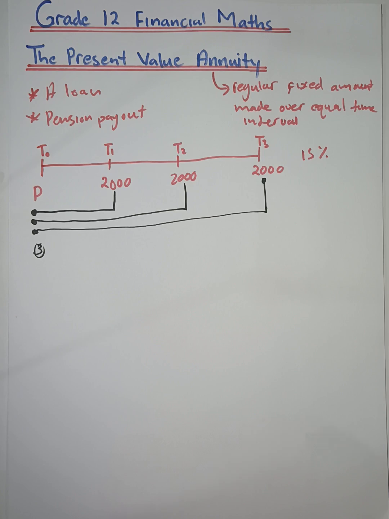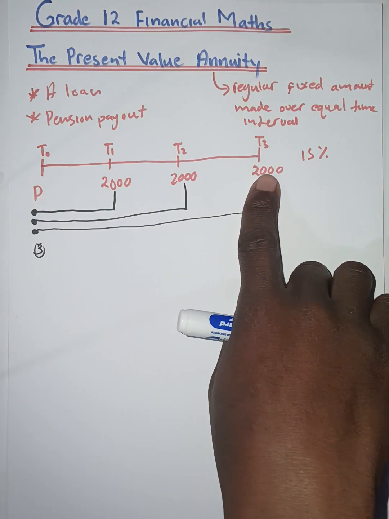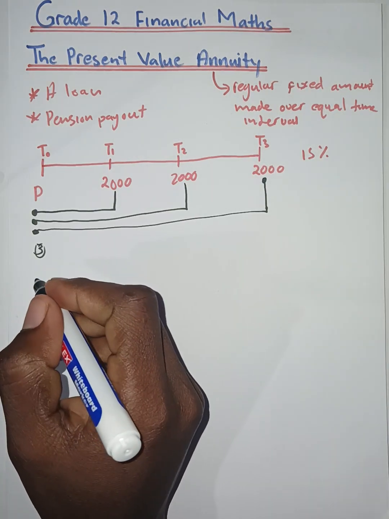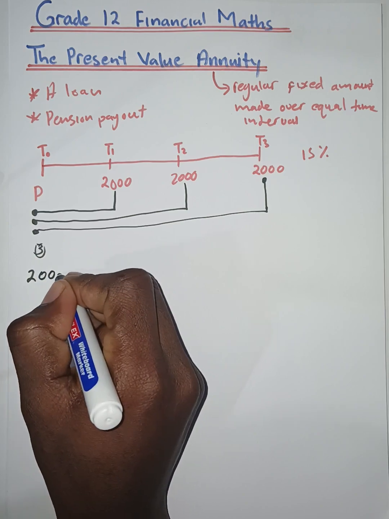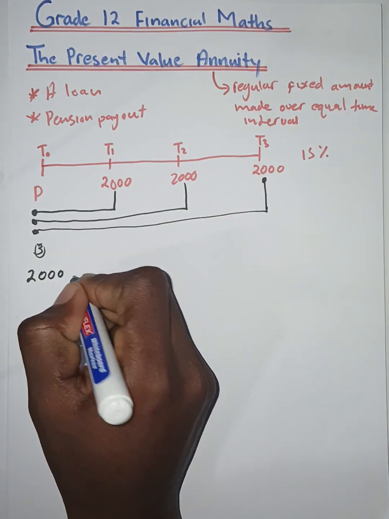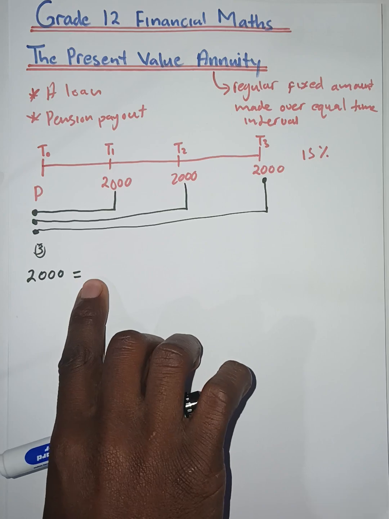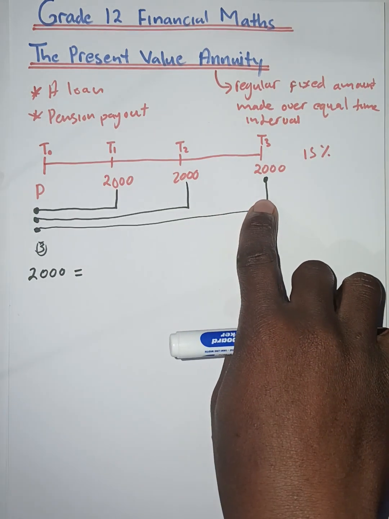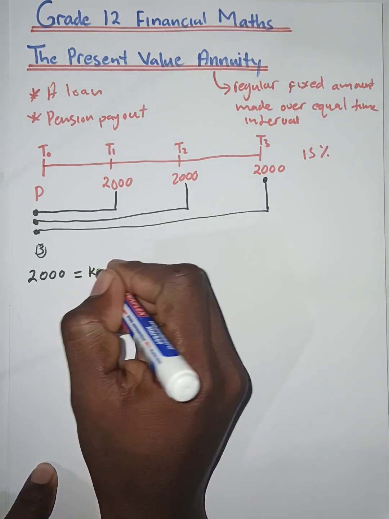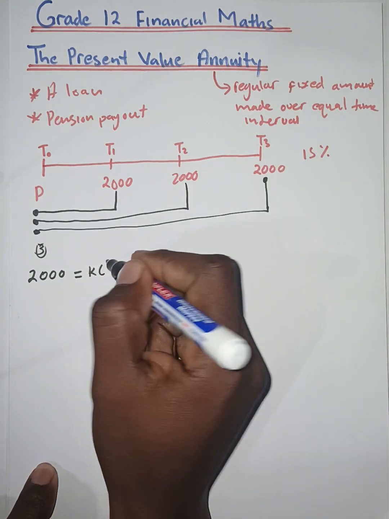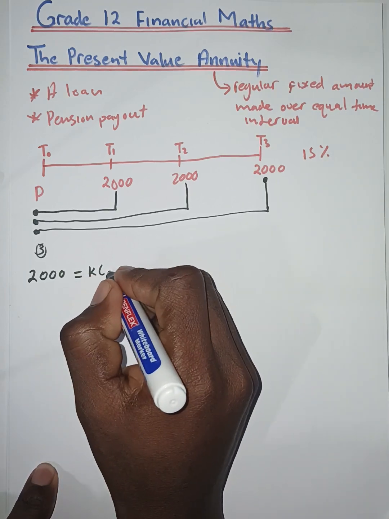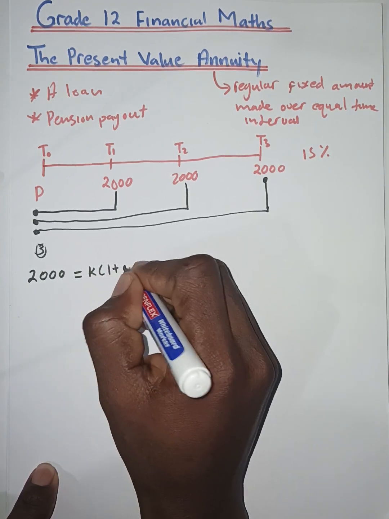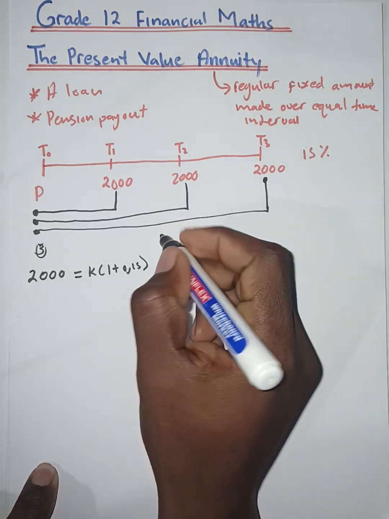I'm going to pretend that I made a once-off investment, and then at the end of 3 years I get 2,000. So I'm going to use the compound interest formula. Suppose you get 2,000 at the end of 3 years, but you don't know how much money you must invest to get that 2,000. So I'm just going to call that amount K. I would need to invest K at an interest of 15%, so this would be (1 + 0.15) for 3 years.